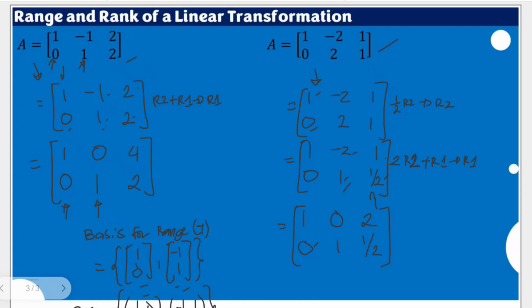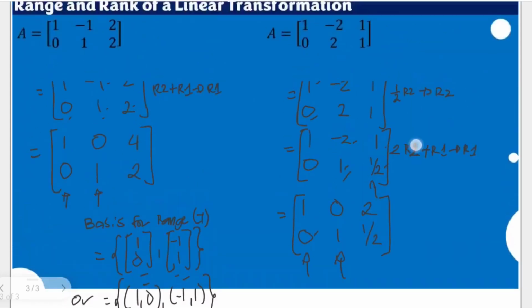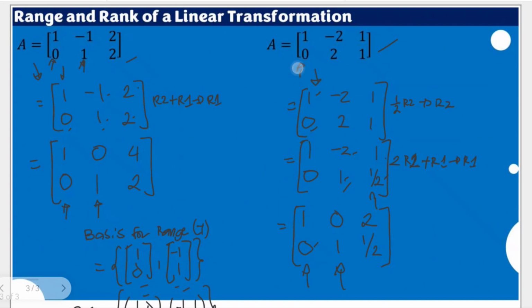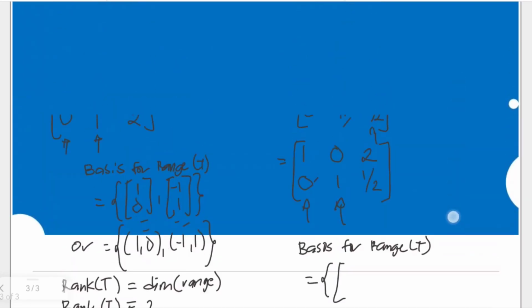Then we identify the pivot columns, and those are the columns with the leading ones. In short, the corresponding columns on our original matrix comprise the column space, which is the same as the basis for the range of T. This is again a set containing two columns, the first and the second.